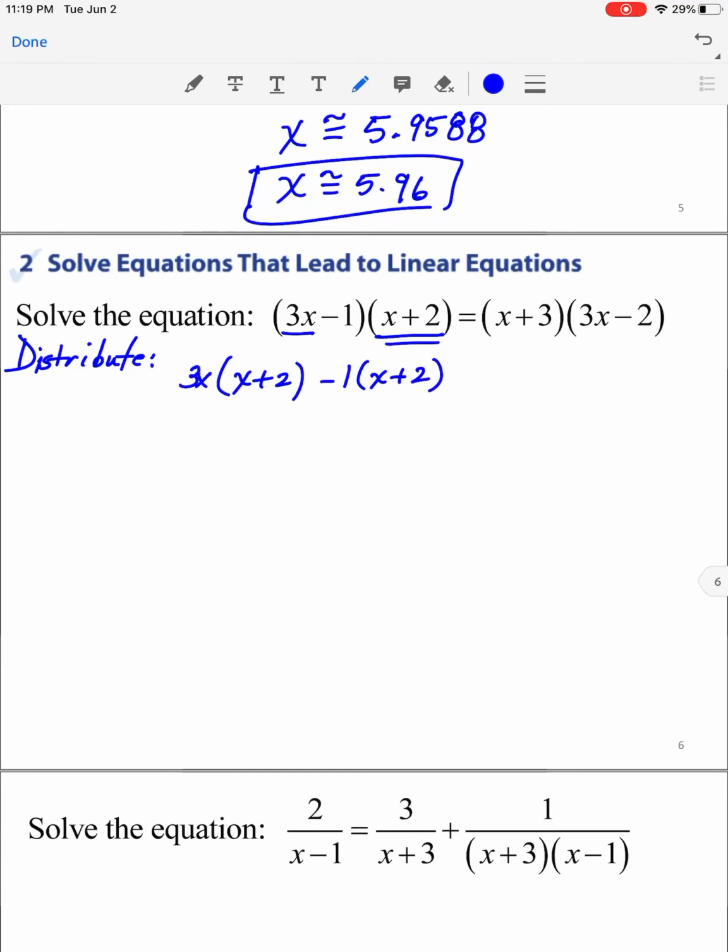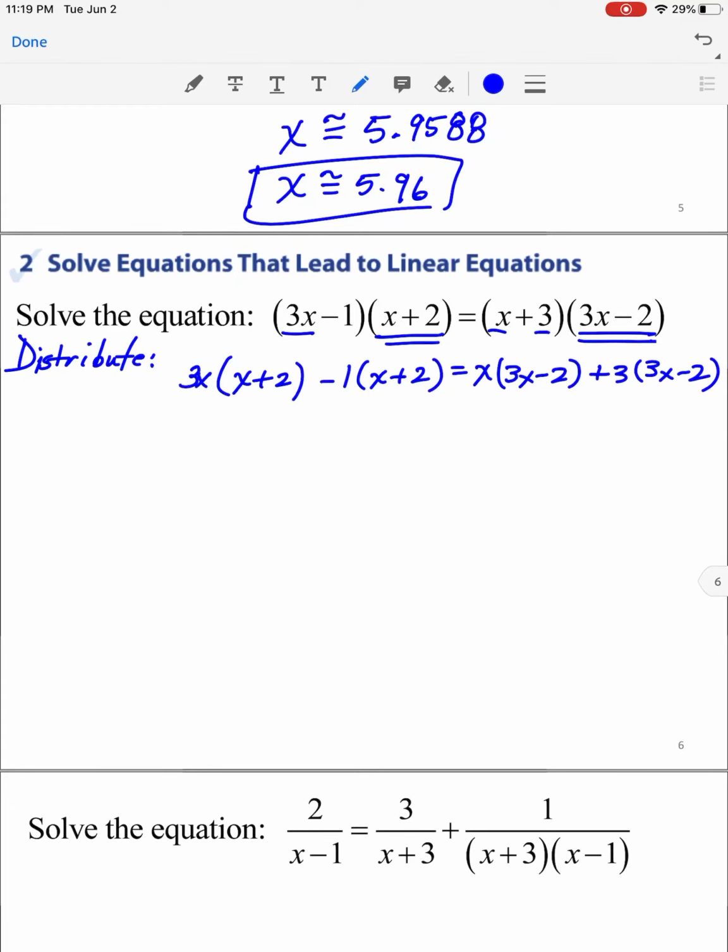So I have every product set up for the left side. I'm going to go ahead and do the same thing for the right side. I have x times everything in the second group of parentheses. And then I have +3 times everything in the second group of parentheses.